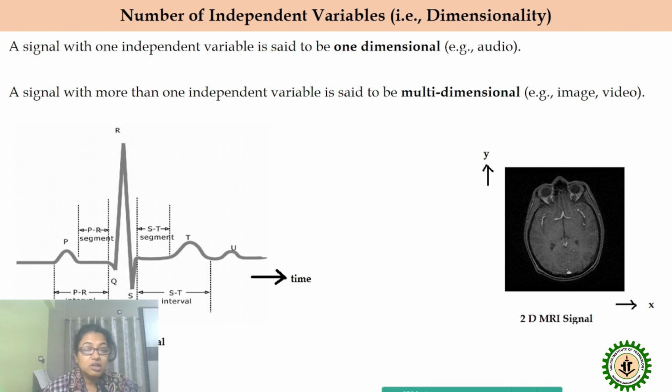When you are clicking photos, or the MRI signals, these are two-dimensional signals. Mainly images are two-dimensional signals, where there is an x coordinate and a y coordinate, two independent variables. Now video is again three-dimensional. So single-dimensional or multi-dimensional, both are possible.